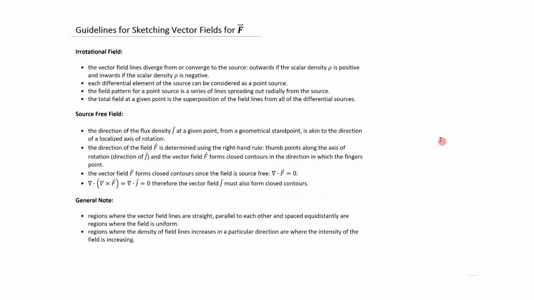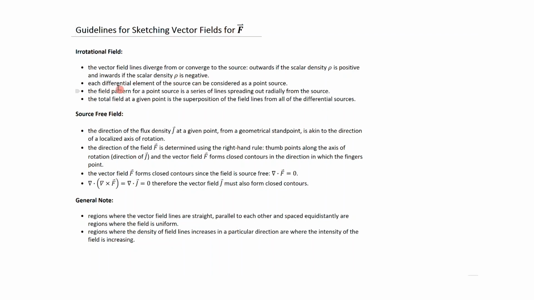All right, so now just a couple of guidelines for sketching vector fields for F. First of all, the rotational field, followed by the source-free field. These are just general points to observe when you're doing sketches. First of all, in the case of your rotational field, the vector field lines diverge from or converge to the source: outwards if the scalar density rho is positive, and inwards if the scalar density rho is negative.